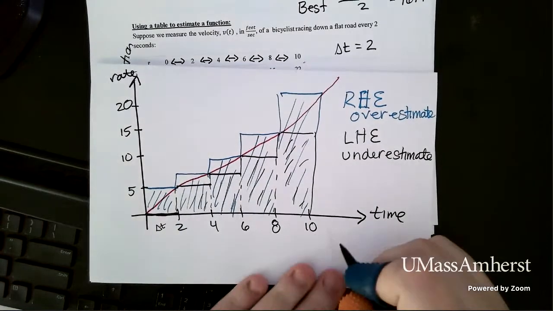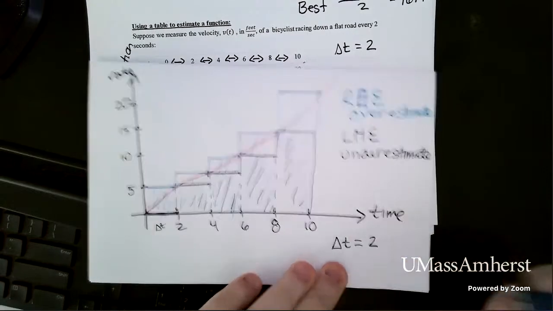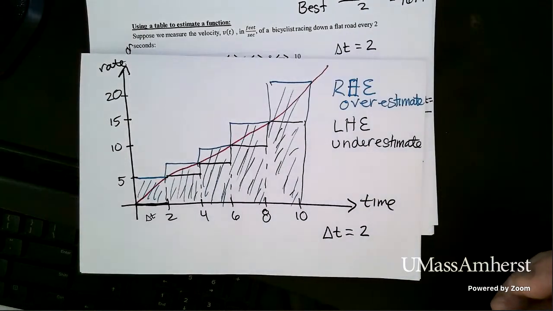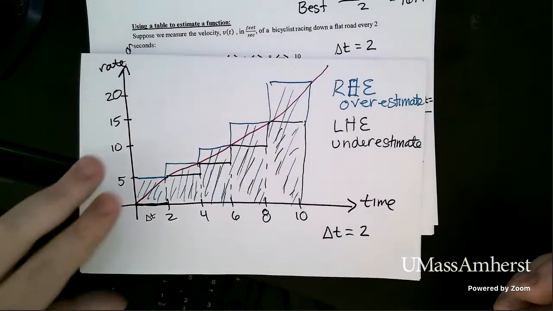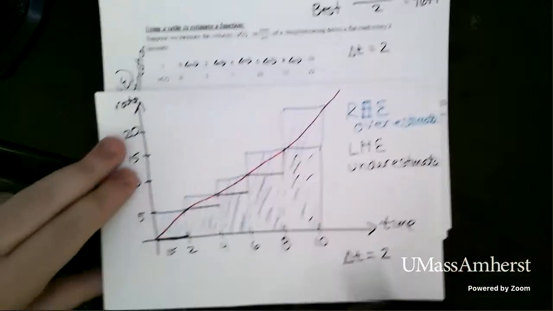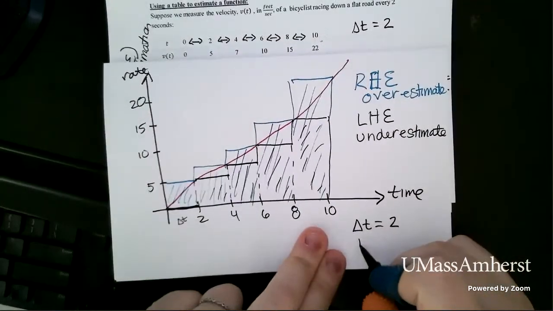Okay, now a couple of things that we need to be really careful about. So our delta t is 2. Your delta t is going to be the time interval you're using to approximate, right? And we got that from the table. So we were counting by 2s. That ends up being the width of all of your rectangles.